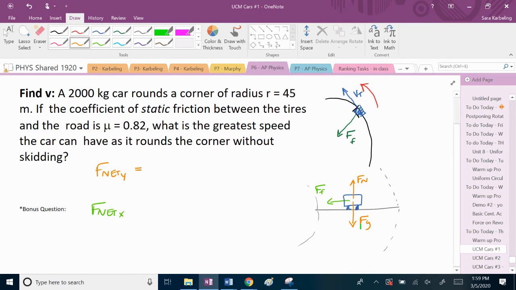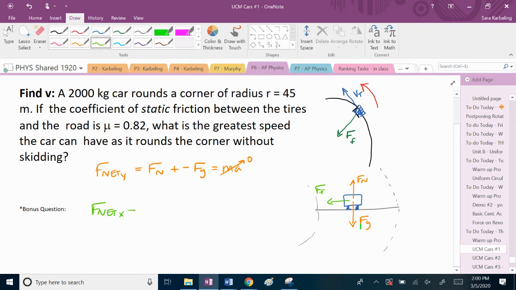What forces are acting in the y direction? Fn and Fg. I like doing this at this point in the year because it's been a while since we've been doing this, right? Got to get back in the good habits that we had before. And that equals, are we accelerating? No. So ma is 0.